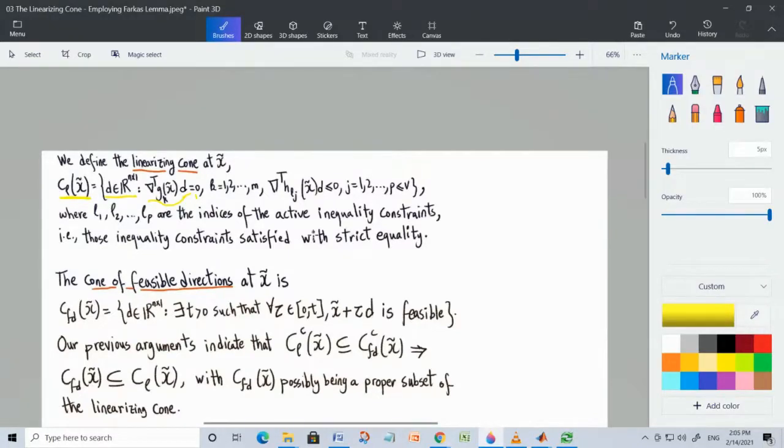Okay, so why is this cone defined as such? Again, a summary of previous results. Recall that if the inner product is not equal to 0, d is not a feasible direction.